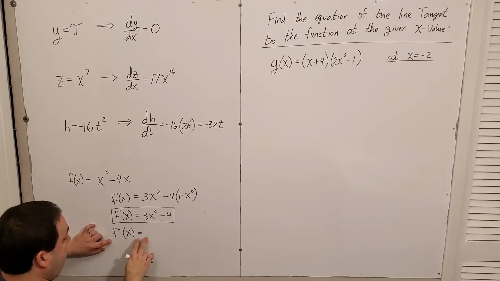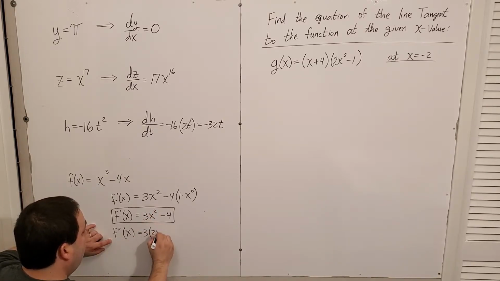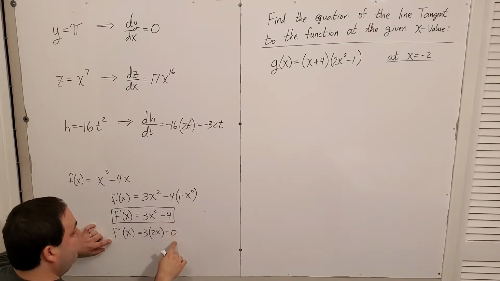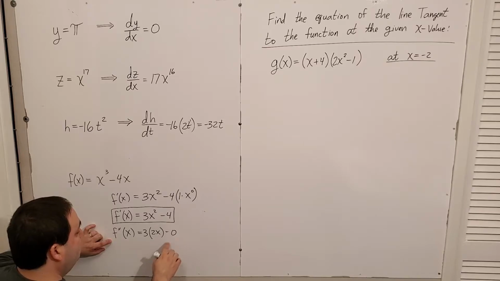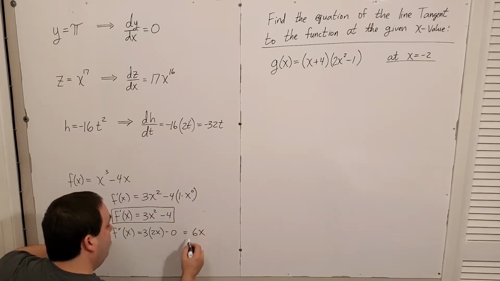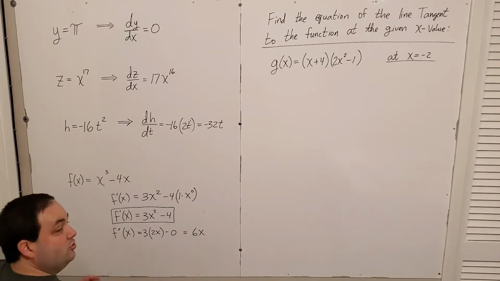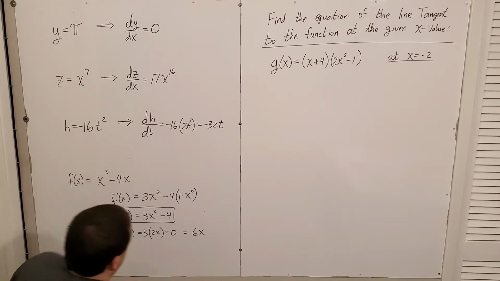But notice right here, I bring the 2 down. That would be times 2x minus 0. Derivative of a constant is 0. So I get 6x. Also, one of the things that we found last time, right? 6x is the second derivative of this function.